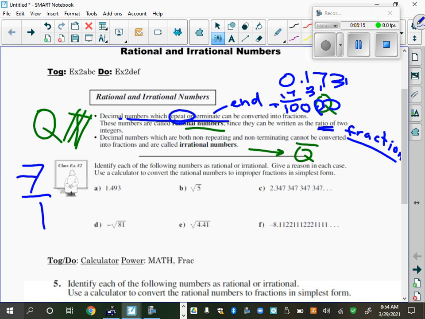But what's the most common decimal that repeats that is a fraction? Decimal 3 repeating equals, everyone? 1/3. Okay, do 1 divided by 3 in the calculator. If that doesn't ring a bell. Dong! Now it rings a bell.